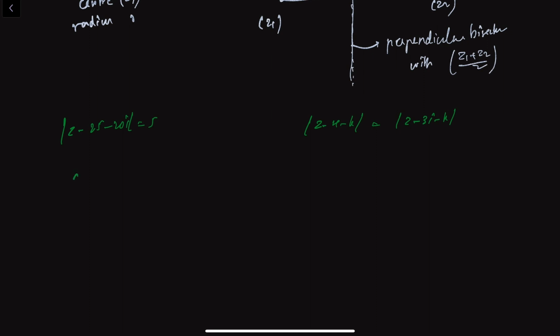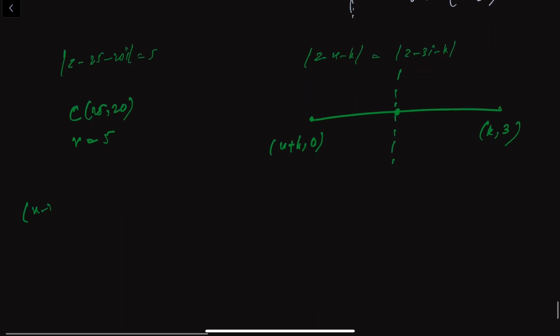So the first has center at (25, 20) and radius 5. The second is the perpendicular bisector of (4 + k, 0) and (k, 3). So the circle is (x - 25)² + (y - 20)² = 5². The midpoint is ((4 + 2k)/2, 3/2), that is (2 + k, 3/2).